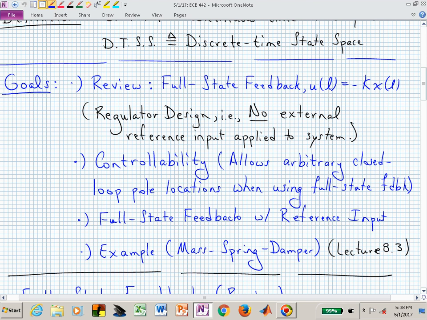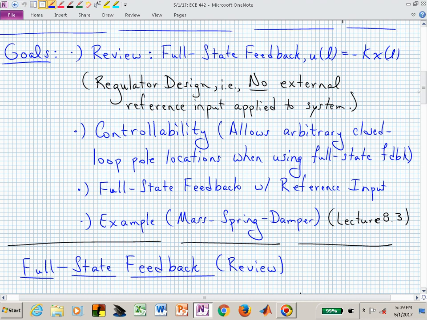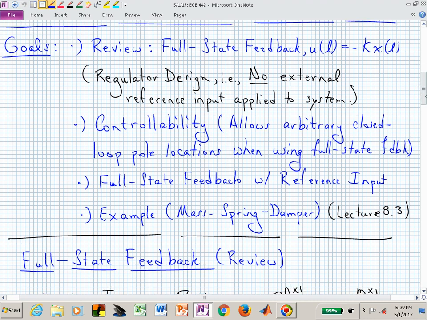Because if we are off, then this full state feedback with reference input could be introducing some errors, or we could have some tracking error, even though we set the DC gain to 1. But with an integrator introduced, we can integrate that error away or remove it.